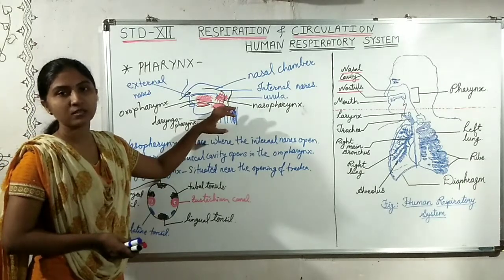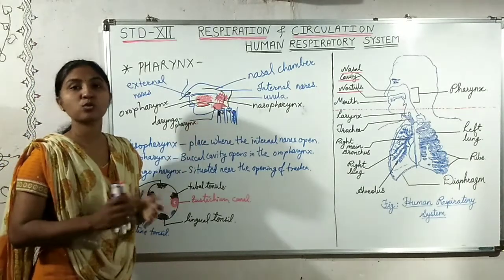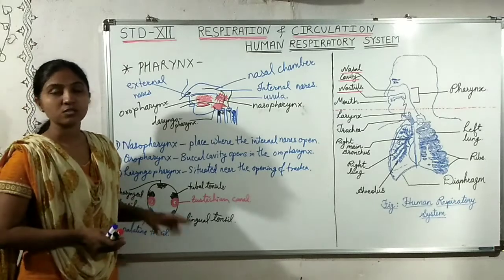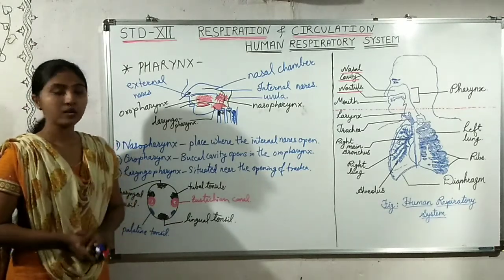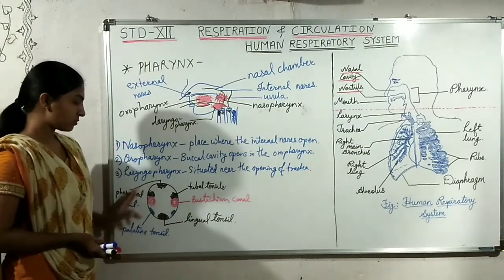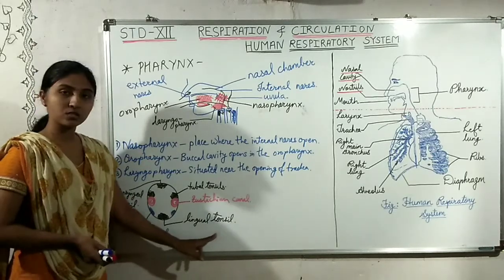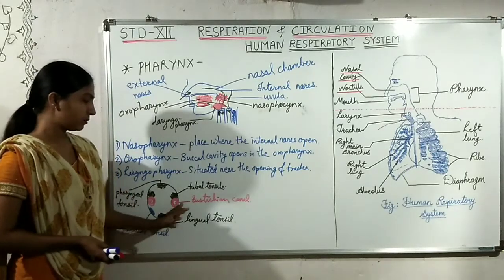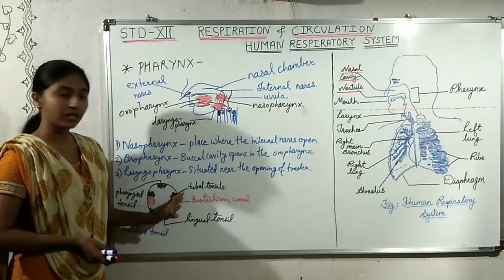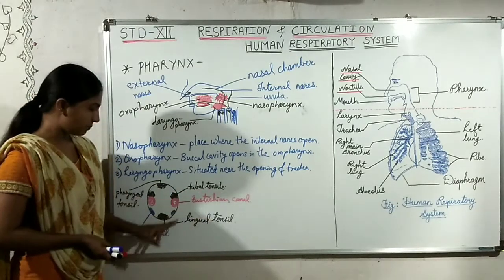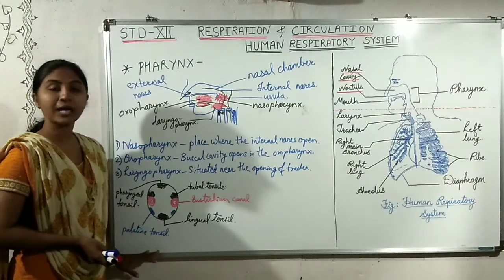This area of the pharynx also has tonsils in it. There are about 6 tonsils. 2 are in pairs and 2 are single. The topmost tonsil is the pharyngeal tonsil. The bottommost is the lingual tonsil, above the eustachian canal is the pair of tubal tonsils, and below the eustachian canal is the palatine tonsils.